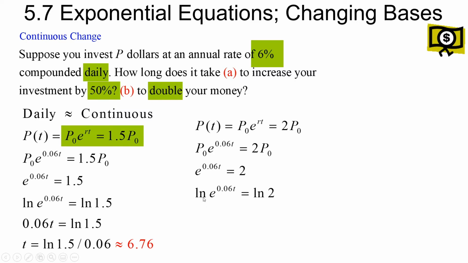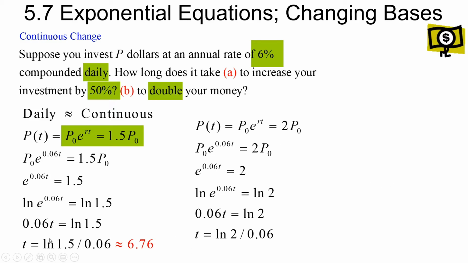Now, again, these are inverses. They undo each other. So on the left, I have that 0.06t, and on the right, I have my natural log of 2. Now let's divide both sides by that 0.06. t equals the natural log of 2 divided by 0.06. And I hope you guys are noticing something right here.